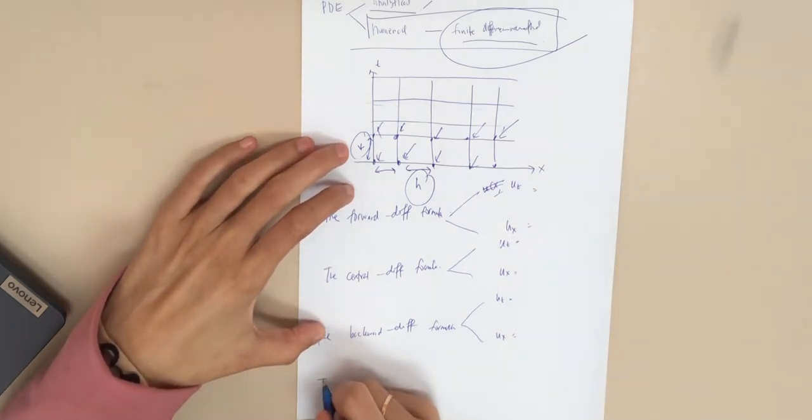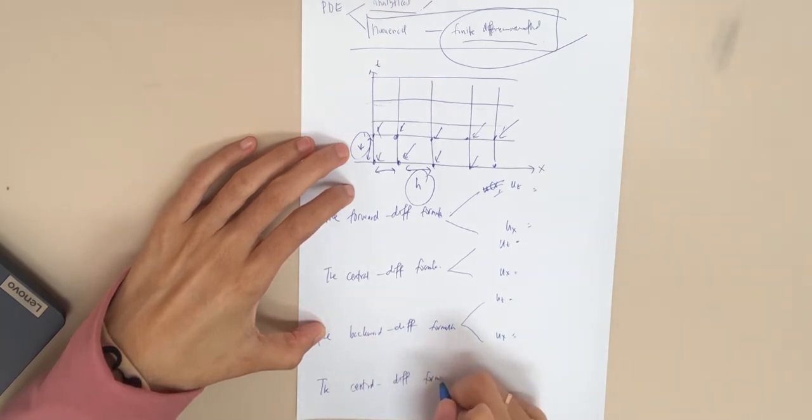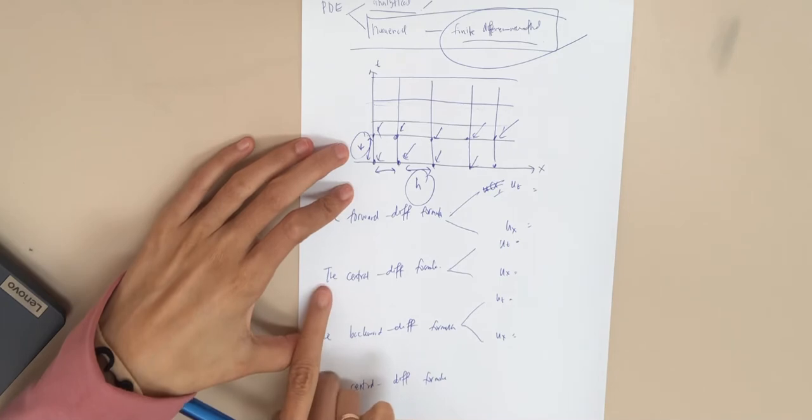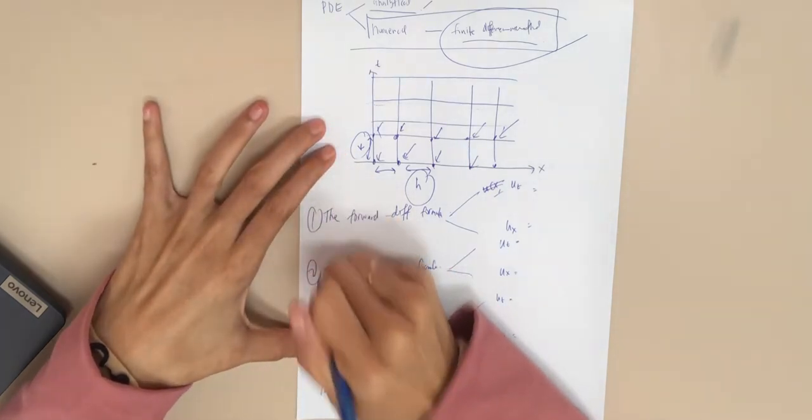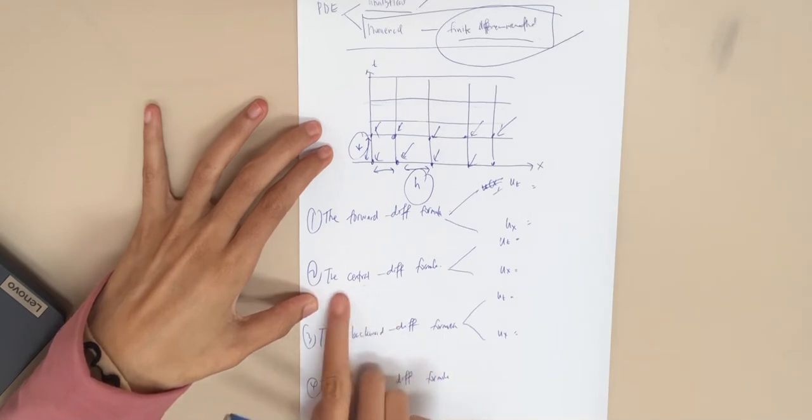We have another one, the central difference formula. I just write 1, 2, 3, 4. For number 2 here you have central difference.